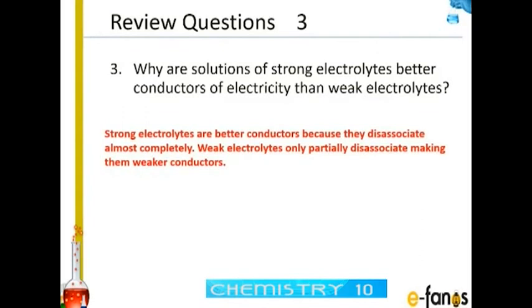The reason for this is because strong electrolytes almost completely dissociate into their anion-cation forms, whereas weak electrolytes only partially dissociate. The more mobile cations and anions that you have available, the better conductivity that you'll have, and that's why strong electrolytes are better conductors than weak electrolytes.